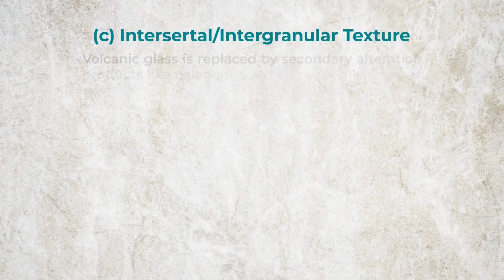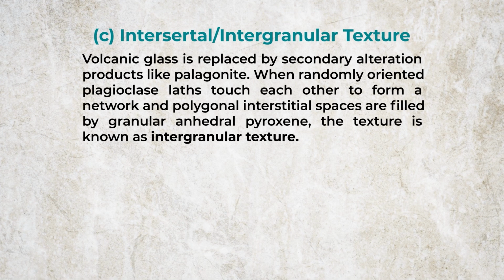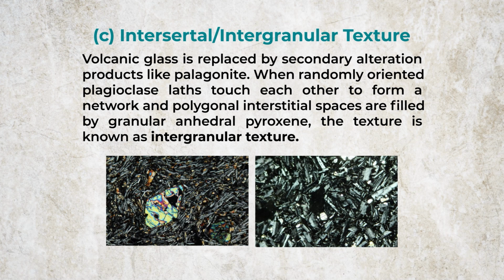And the third one is intersertal or intergranular texture. In case of intersertal or intergranular texture, volcanic glass is replaced by secondary alteration products like palagonite.